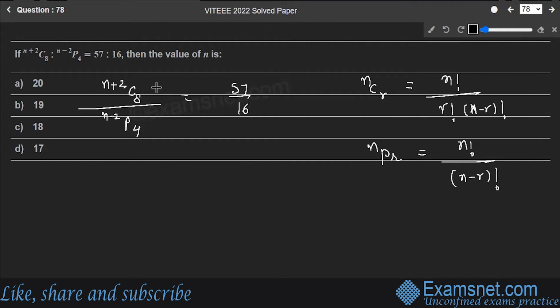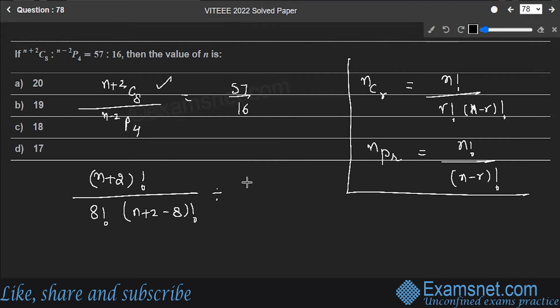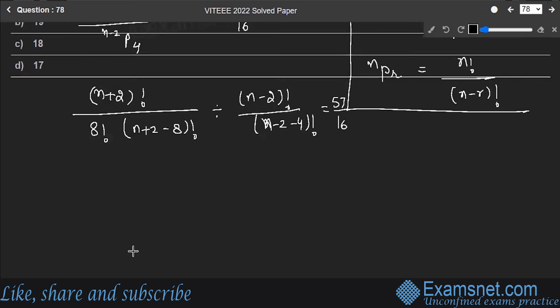So if I use this over here, this will be given by n plus 2 factorial upon 8 factorial into n plus 2 minus 8 factorial, whole divided by n minus 2 factorial upon n minus 2 minus 4 factorial. Okay, this is equal to 57 upon 16.